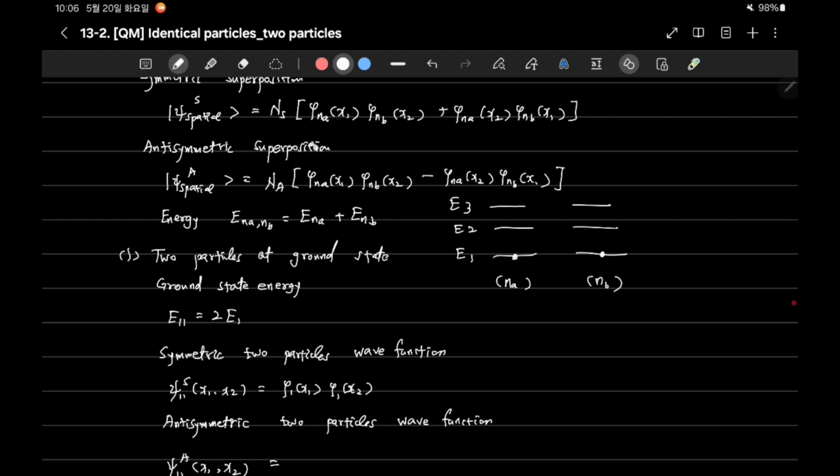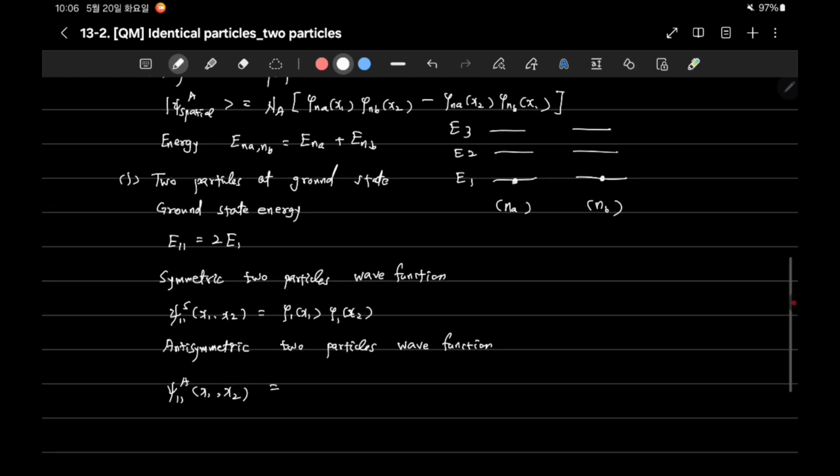But in the antisymmetric ground state, with one state at x1 and one state at x2, it is antisymmetric. So when you write down Na, phi 1 x1 and phi 1 x2, minus phi 1 x2 and phi 1 x1, the two terms cancel and it becomes zero.